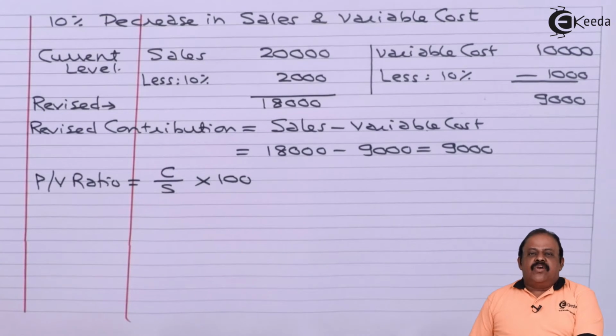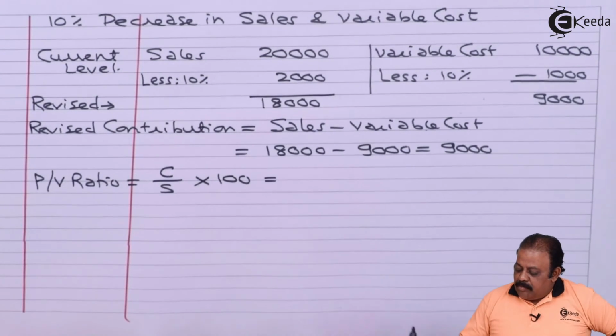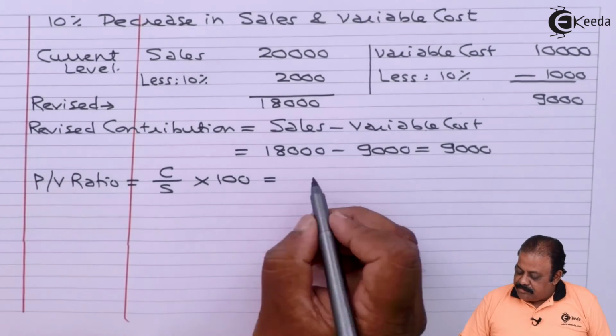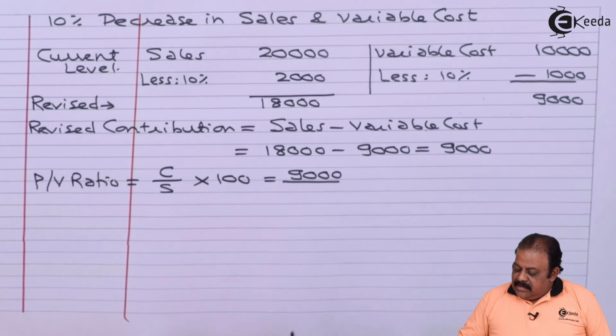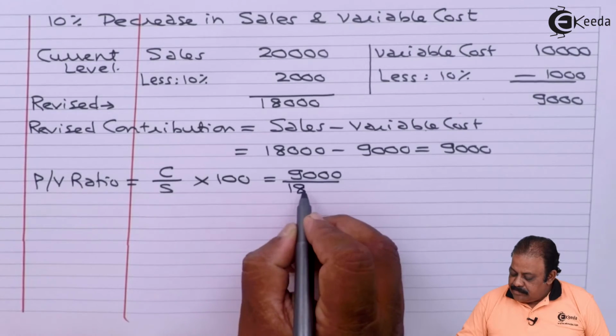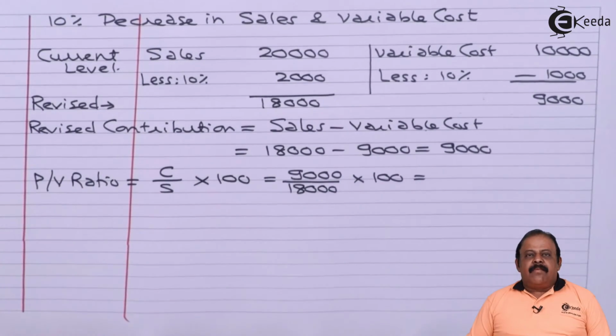Formula is PV ratio is equal to contribution upon sales multiplied by 100. Revised contribution we have 9,000 divided by revised sales 18,000 multiplied by 100.